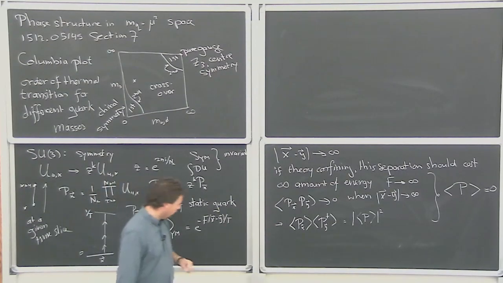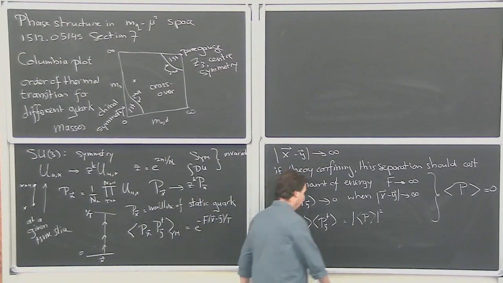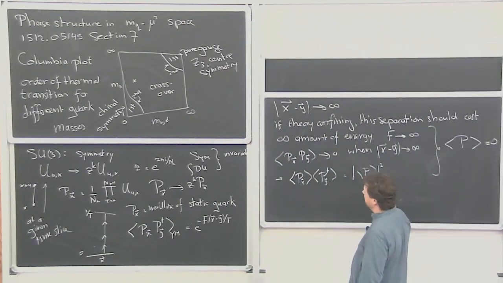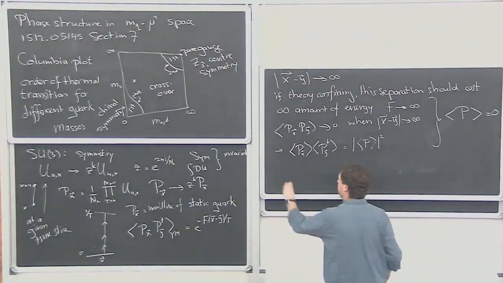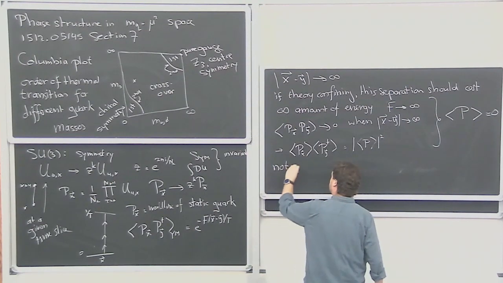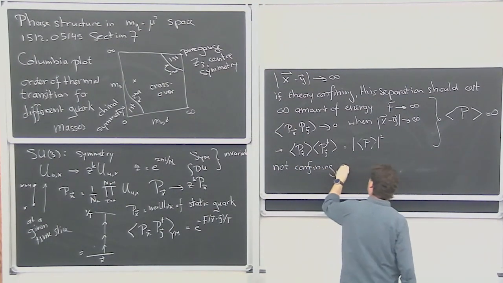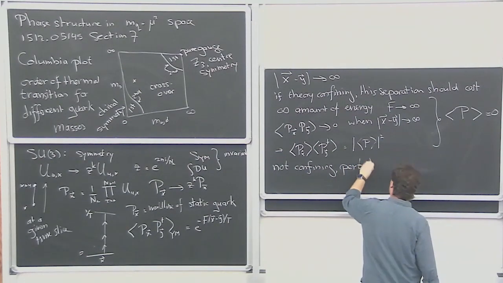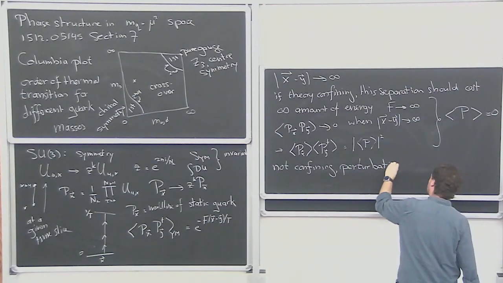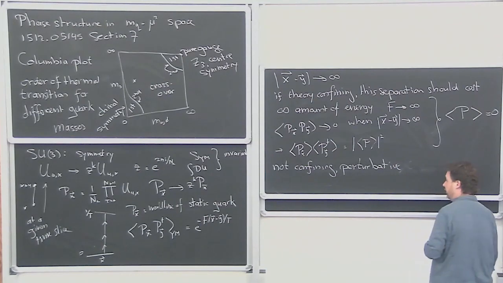On the other hand, if the theory is not confining, there's quite an easy argument to see that the expectation value is not 0. So we can think about perturbative QCD, perturbative theory.